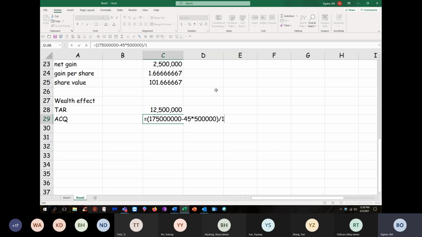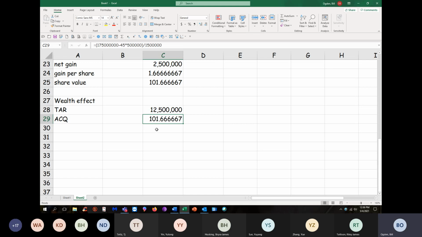Their assets now belong to the ACQ company, right? So we still have 1.5 million existing ACQ shares, not shareholders, shares. So 1.5 million, and when you do this, you get 101.67. So there you go.